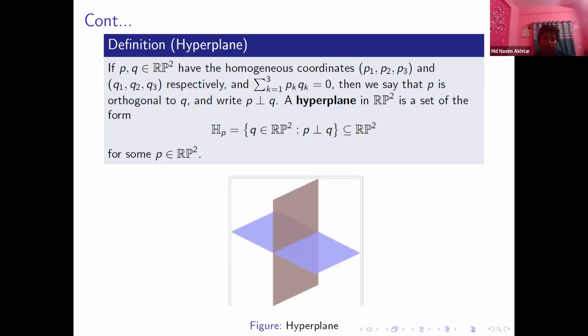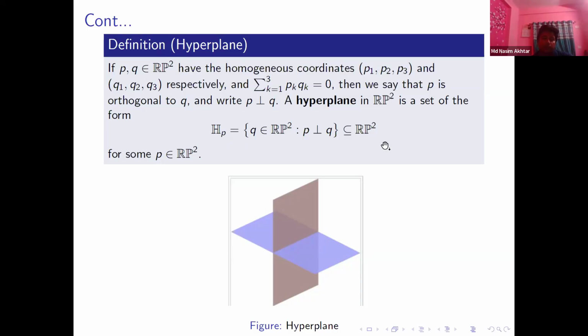Next is the hyperplane. If P and Q belong to RP2 and have homogeneous coordinates P1, P2, P3 and Q1, Q2, Q3 respectively, such that the summation of PK QK equals 0, then one can say that P is orthogonal to Q and write P perpendicular to Q. A hyperplane in RP2 is the set of all Q which are perpendicular to P, denoted HP, and it is a subspace of RP2.